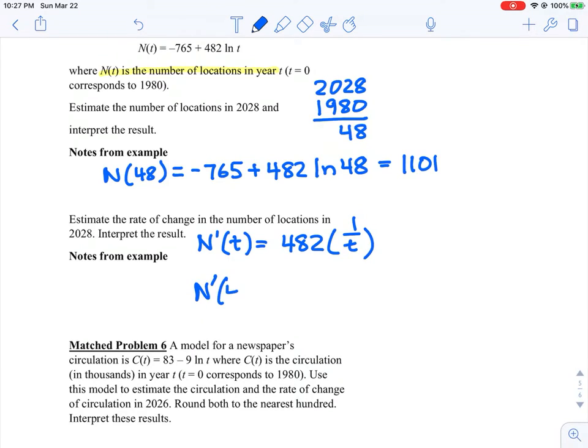And at 48 years, you get approximately 10. So we have that it would be approximately 1,100 locations growing at a rate of 10 locations per year.